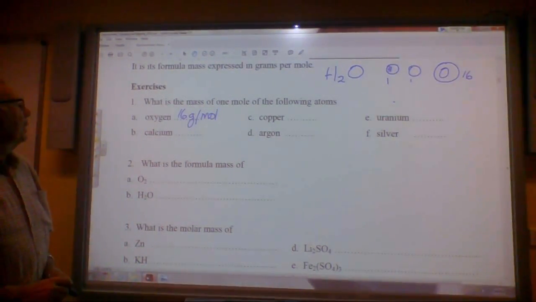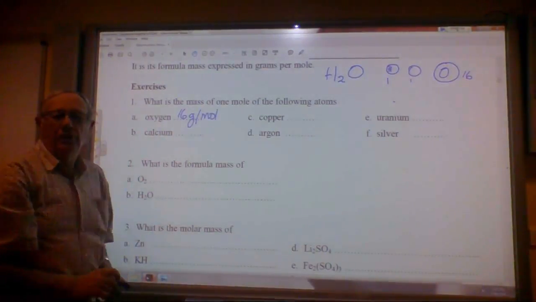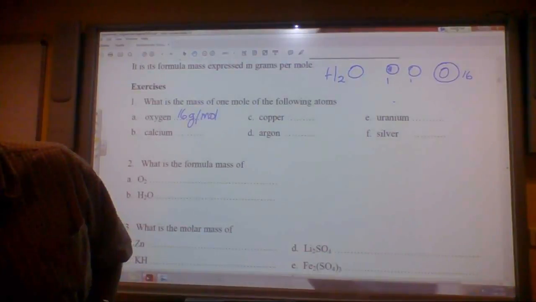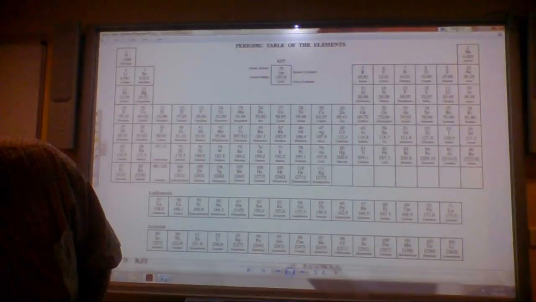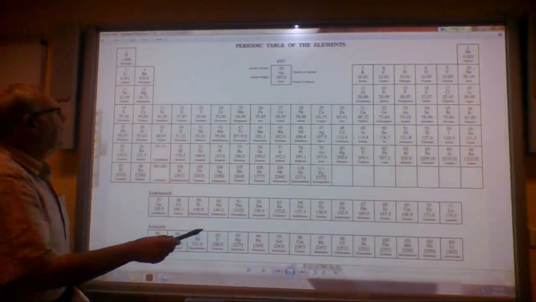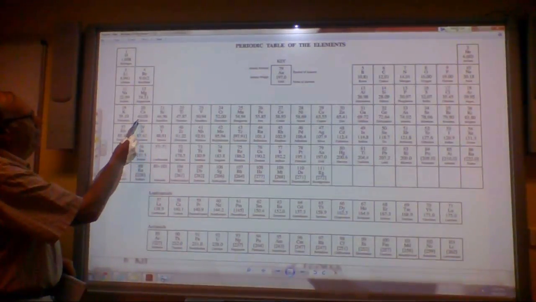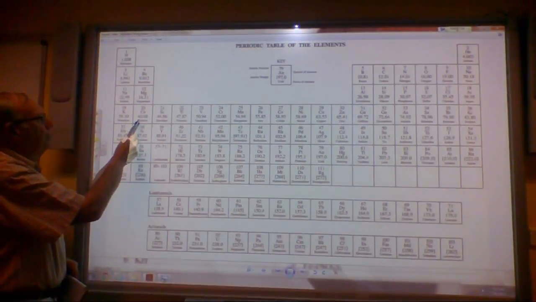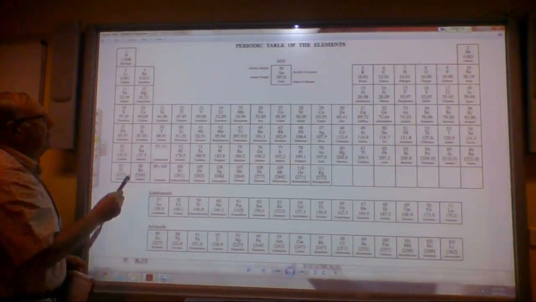Now for the next one, calcium, again, what we need to do is go to the periodic table. So if I change now to the periodic table and find calcium, that's Ca. Here it is here. I don't know if you can see that that is 40.08.